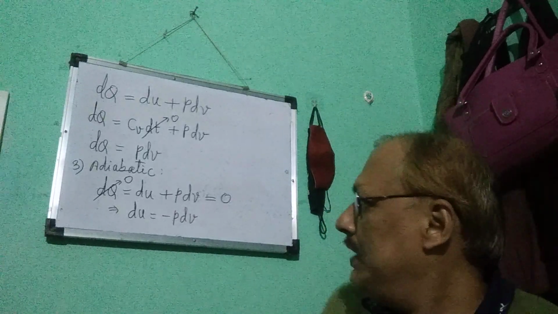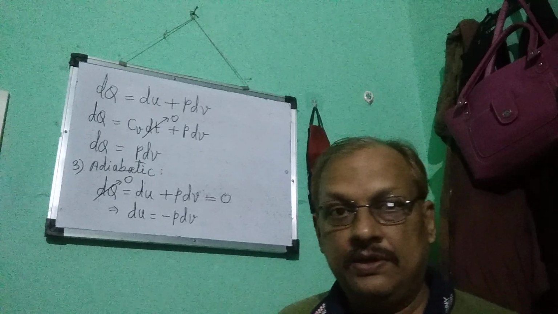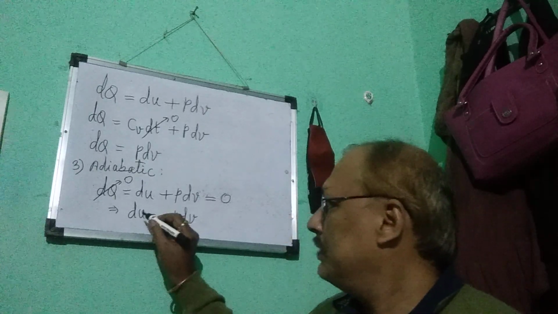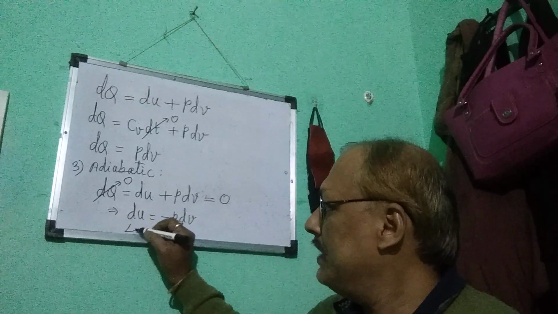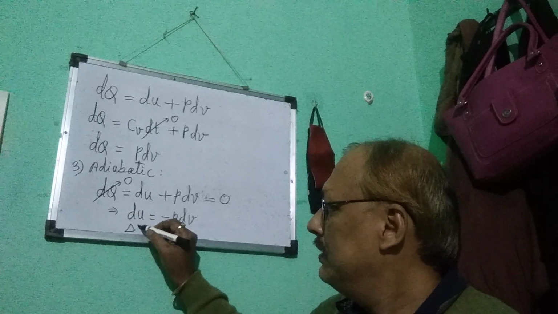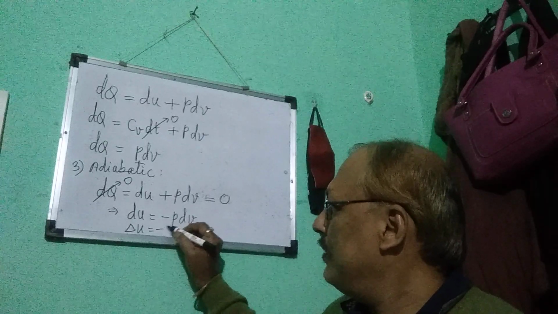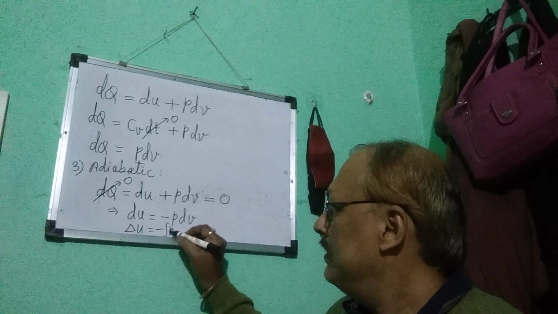So if the change of internal energy is given, let it be integrated. So delta u = minus the integration of pdv.